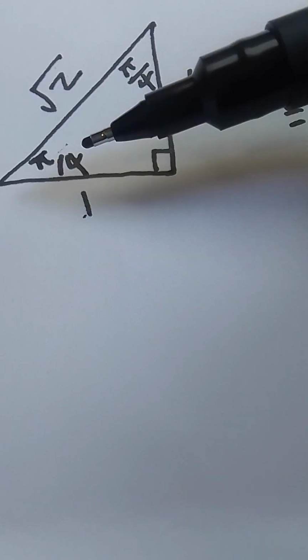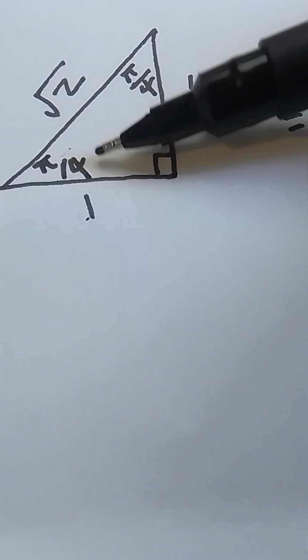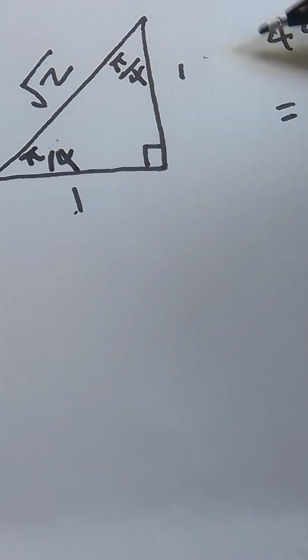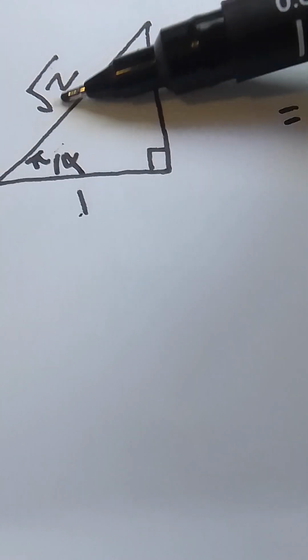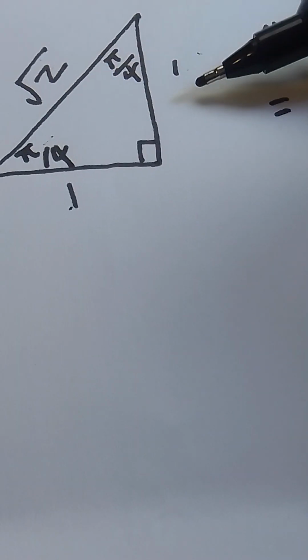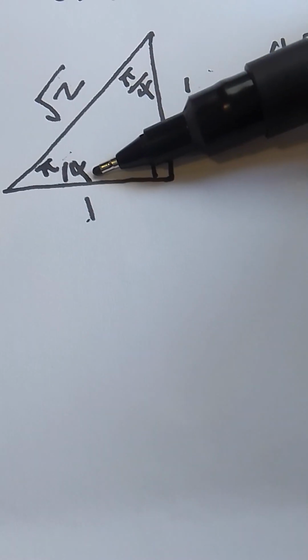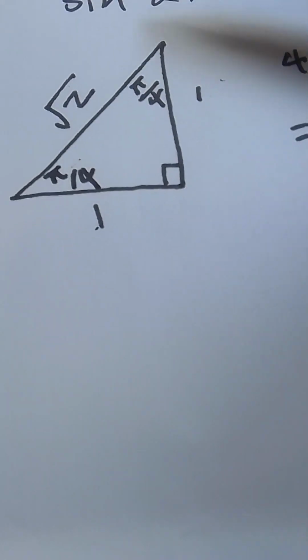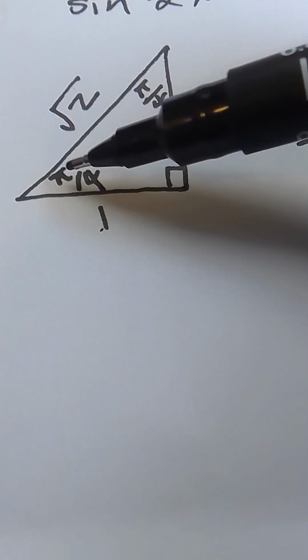So you just know that whenever it's pi by 4, and either sine or cos, it's just going to be 1 divided by square root of 2, because the opposite side is 1 for this one, and the hypotenuse is square root of 2. So you should be able to imagine this part. And then we'll go to the second triangle.